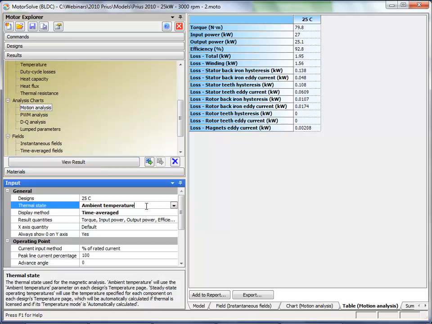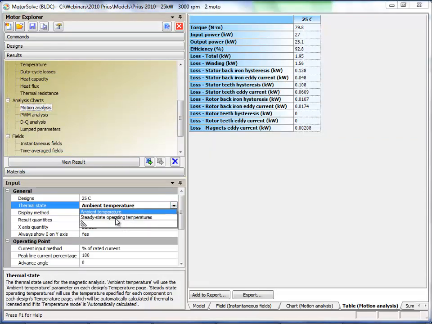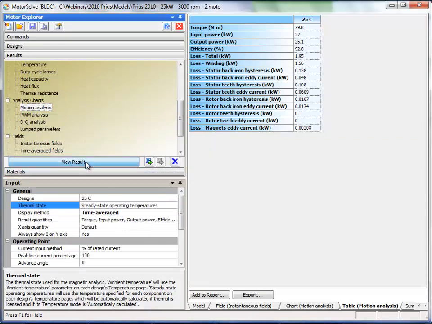If I toggle this to my performance criteria following the transient cycle, in other words after the 2400 second performance, my torque has dropped from the initial value down to 73.9 or 74 Newton meters.